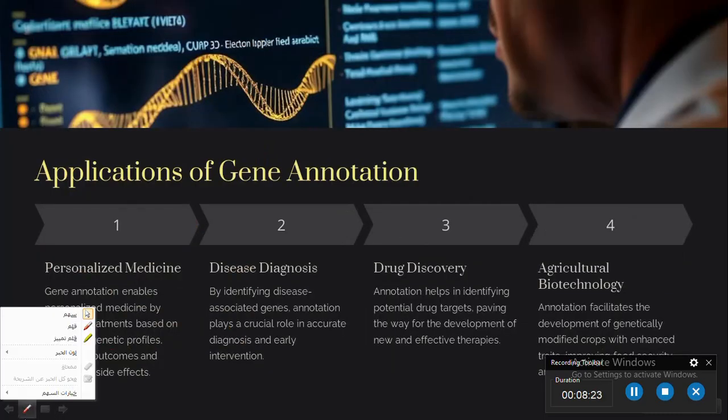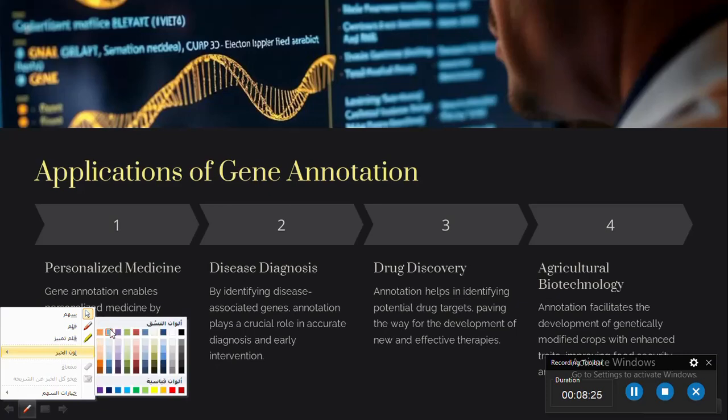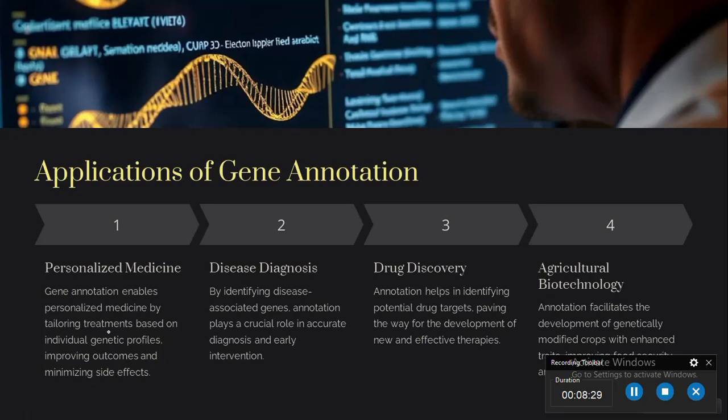What are the applications of gene annotation? Number one, personalized medicine. What is personalized medicine?